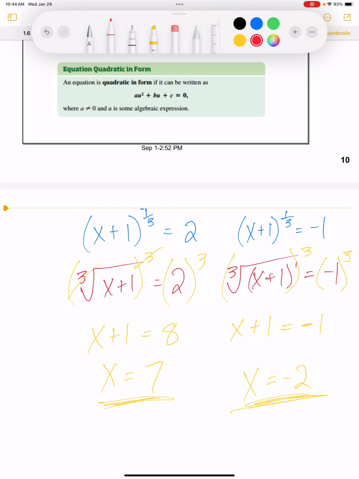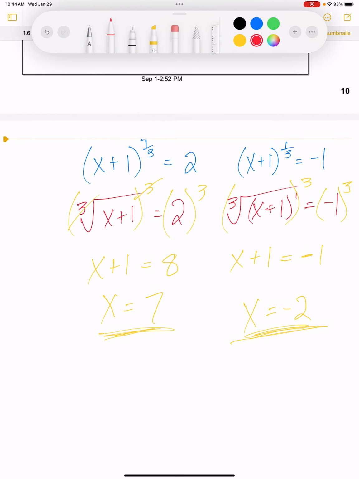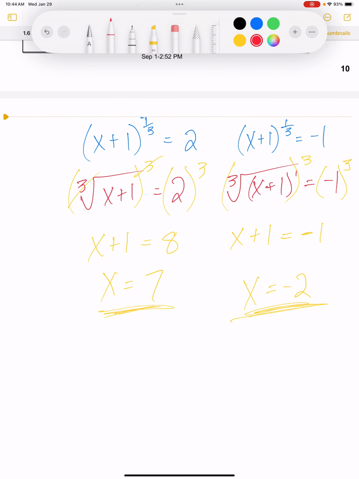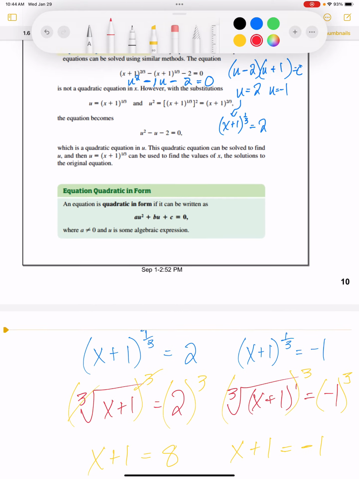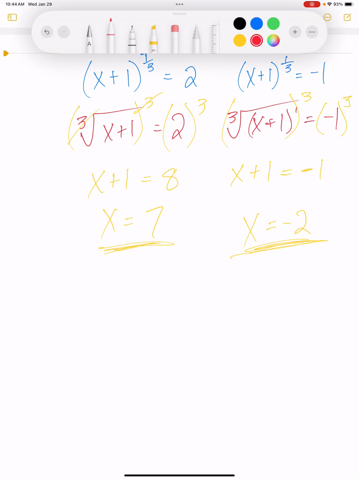But in this case, we raised both sides to the third power, which is an odd power. Because we raised both sides to an odd power, it does not open the door to extraneous solutions. Therefore, I wouldn't check it. Now, I probably should. I'm a human, so I could make mistakes easily. But if you want to check it, you check it at that point.